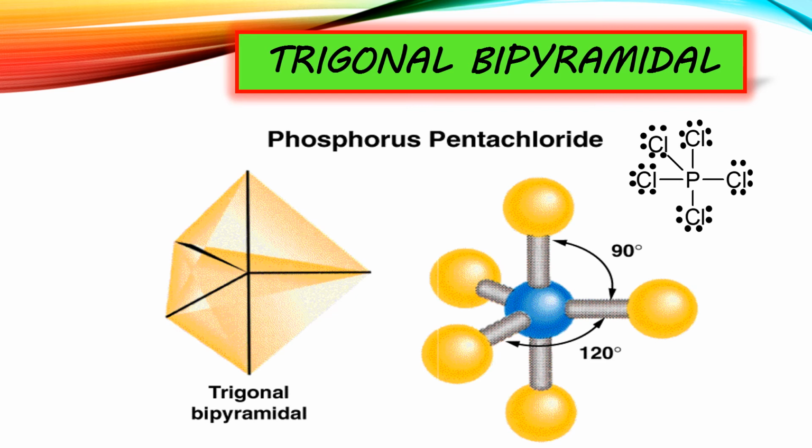The name trigonal bipyramidal comes from the structure of the molecule, which looks like two pyramids with a trigonal base. The general class is AX5: A is the central atom and X is 5 bonding pairs.